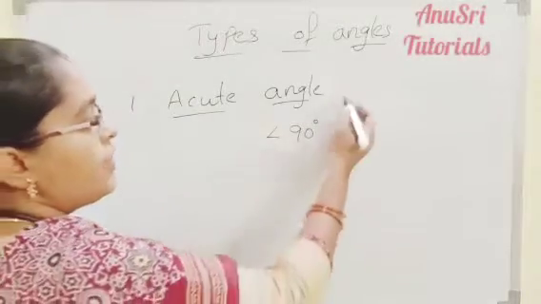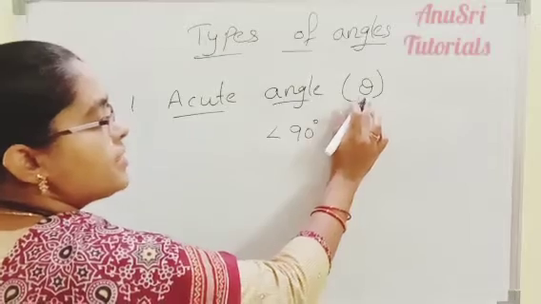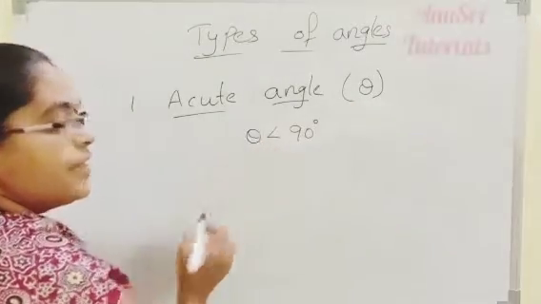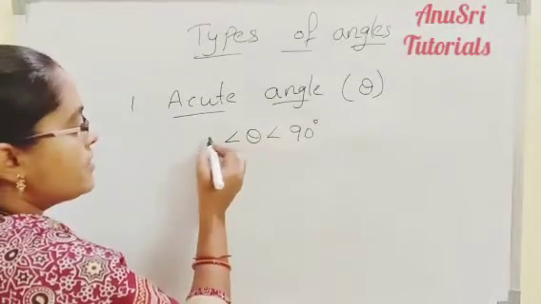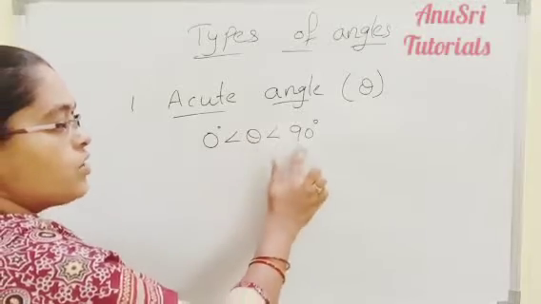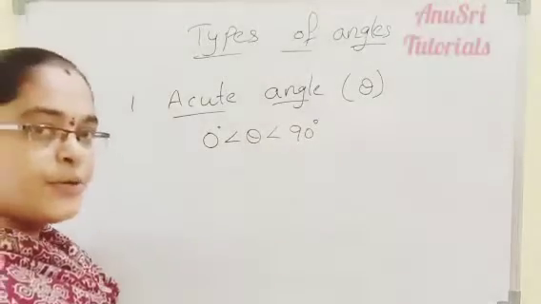Here, for my convenience, I am representing that angle as theta. This symbol we call theta. If theta is less than 90 degrees and greater than 0 degrees, so if theta lies between 0 and 90, then we call that angle an acute angle.